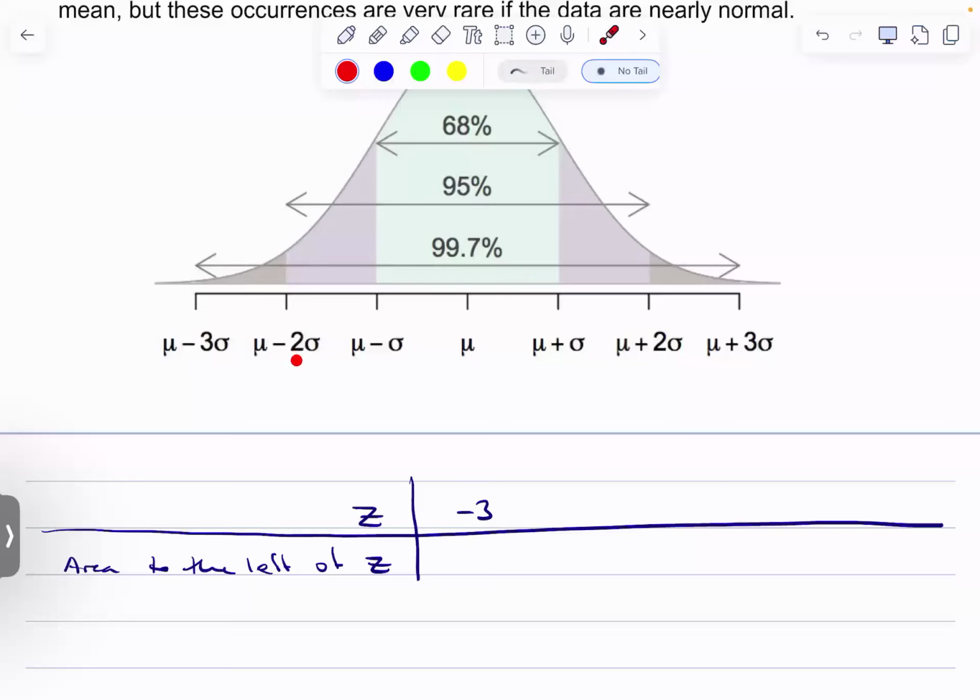Then my next stop is -2, right? Whereas on our table, we start at -3.49, and then we move up by increments of hundredths, until we hit -2, and then we keep going. And so it's just been broken down into tiny, tiny intervals, right? And so that's all the Z table is doing.